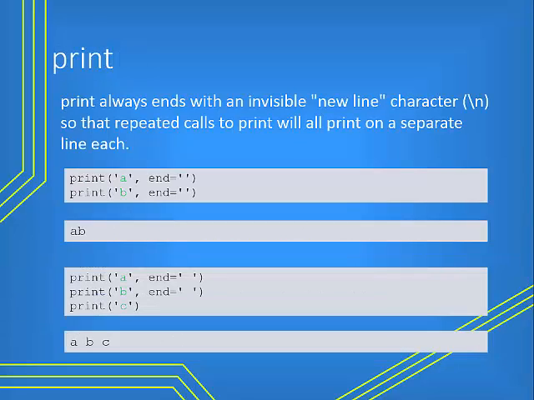Since we're discussing formatting, note that print always ends with an invisible new line character, so that repeated calls to print will all print on a separate line each. To prevent this new line character from being printed, you can specify that it should end with a blank, or you can end it with a space.